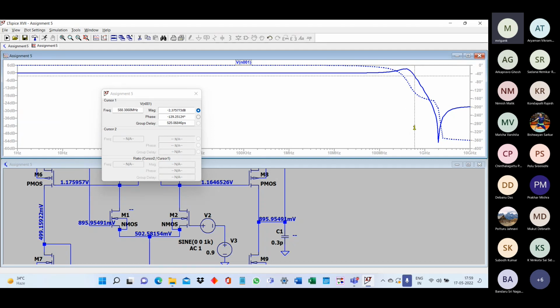So zeros come, right? We had discussed that the zeros can also cause this kind of peaking in the response, and if the zeros are coming, we need to compensate the loop. So here, if you increase the capacitance, like 0.3 picofarad, if you make it slightly larger, maybe the bandwidth will reduce, but that zero effect will also go, and it will become flatter.